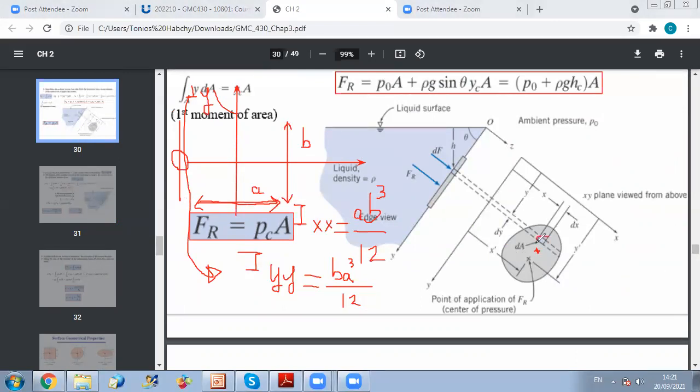I will take the axis passing by the centroid that is parallel to the x-axis. In this figure, this axis will be perpendicular to the screen. So here you will use inertia about the axis perpendicular to your screen, which is perpendicular to the plane of inclination and the free surface. This is the x-axis we consider, and we'll do a lot of practice on this.